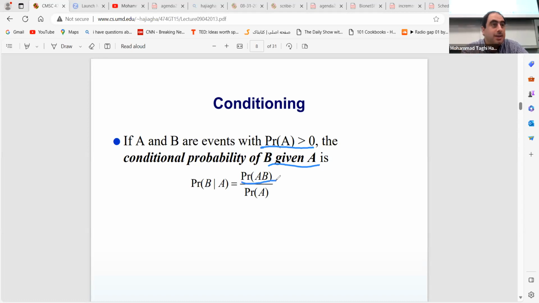It is probability of A intersection B over probability of A. This is again a formula, and we have the assumption that probability of A should be greater than 0, otherwise it is not defined. Good.